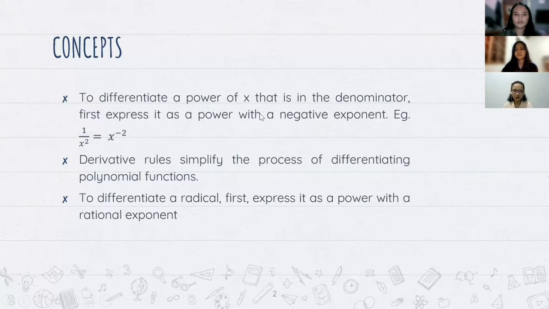Example, 1 over x squared equals x to the power of -2. Derivative rules simplify the process of differentiating polynomial functions. To differentiate a radical, first express it as a power with a rational exponent.